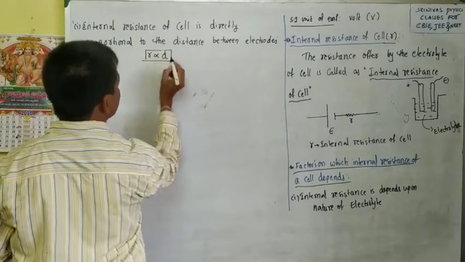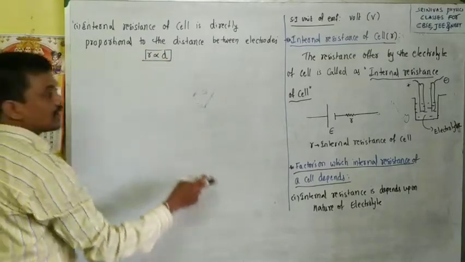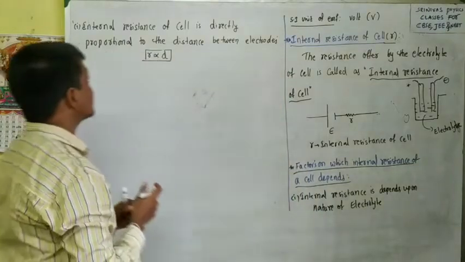This is d. Internal resistance is proportional to d. If the distance between the electrodes is more, then the internal resistance is also more.